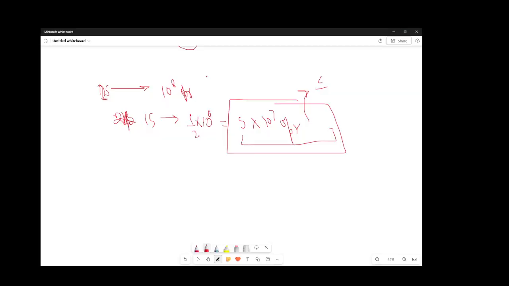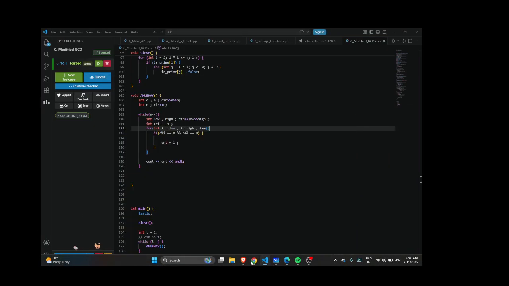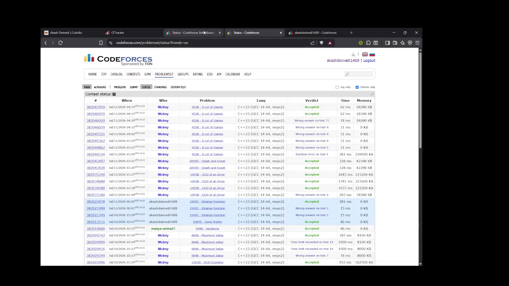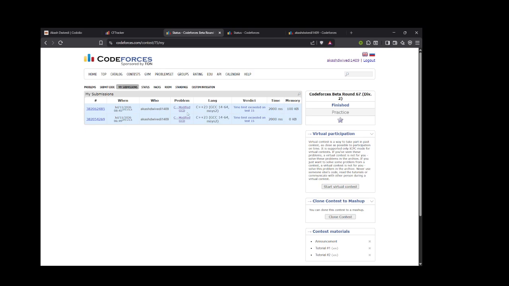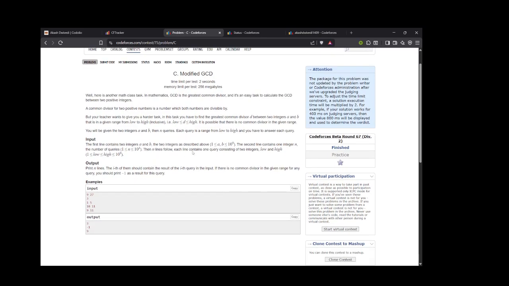if we look at the constraints here, the modified GCD problem, the values of a and b are 10 to the power 9.